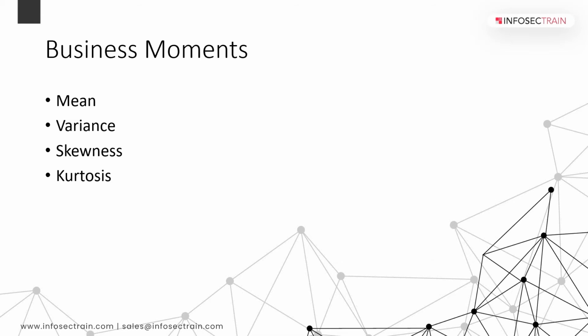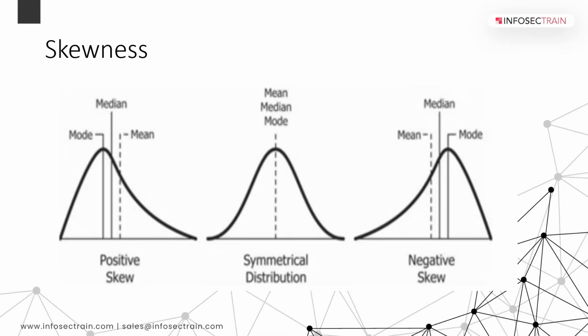So here we'll see the business movements. The first movement is the mean, which indicates the central tendency of a distribution, and the next indicates the width or the deviation or variation in our data. Then skewness and kurtosis. In skewness, we have three different types. Suppose we have an age column.